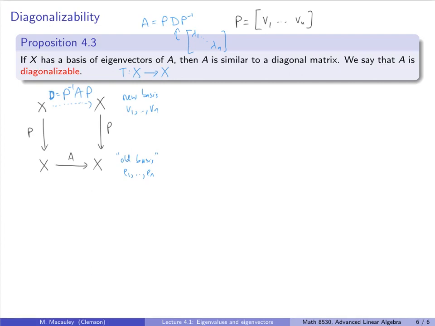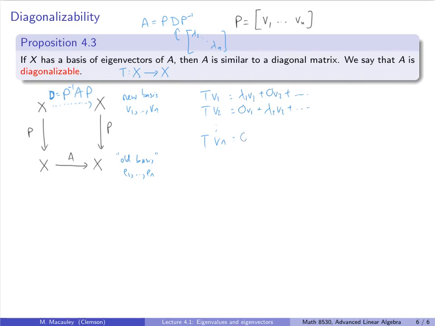So remember how to construct such a matrix with respect to this so-called new basis. Well, we take our input basis, which is V1 up to Vn, and we apply T to that, and we write this as a linear combination of our output basis, which is also, in this case, the Vi's. So T V1 is lambda 1 V1 plus 0 V2 plus etc. T V2 is 0 V1 plus lambda 2 V2 plus so forth.